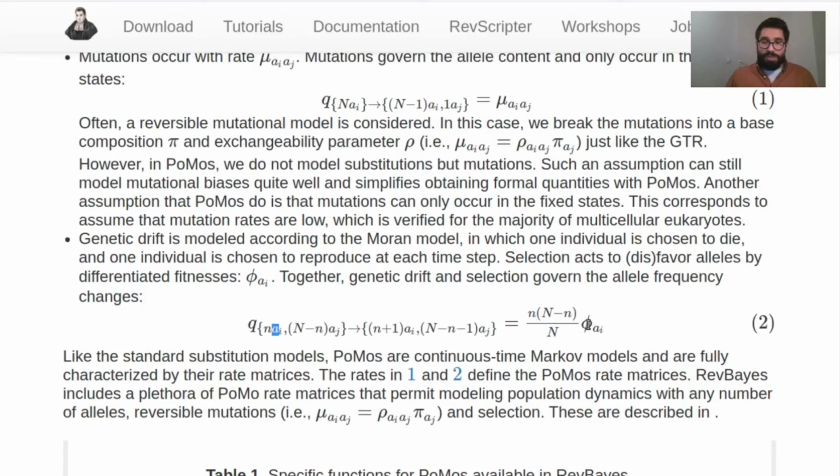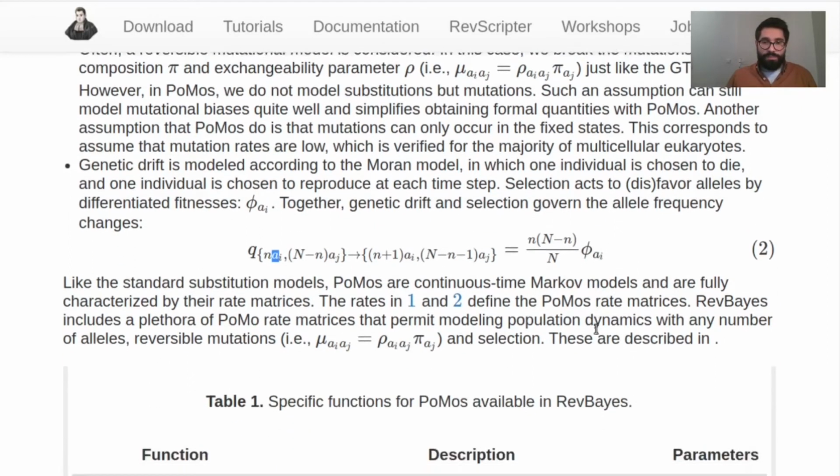And this can of course be higher than 1, meaning that it favors this allele to be reproduced in the population. It can be equal to 1, and if it's equal to 1, it actually doesn't really change the effect of genetic drift. Or it can be lower than 1, meaning that it is disfavoring the reproduction of the AI allele. And this is how we will introduce some biases in our model.